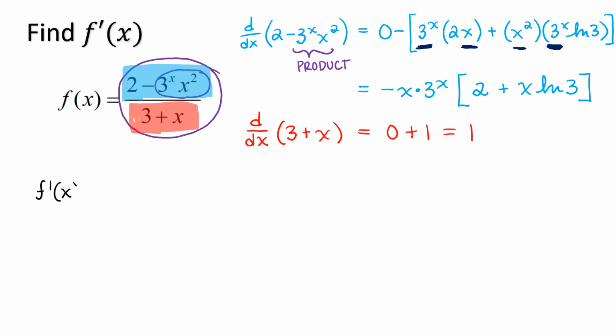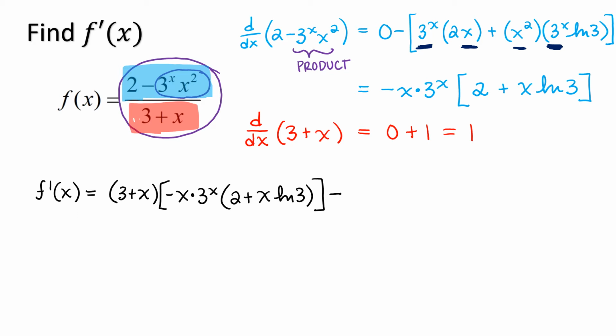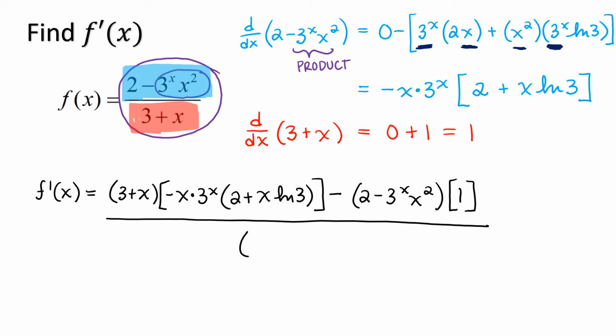So f prime of x will be equal to low, so 3 plus x, d high, which is that negative x times 3 to the x times 2 plus x ln of 3, minus high, so 2 minus 3 to the x squared, d low, which is just 1, all over low, which will be equal to 3 plus x all squared.